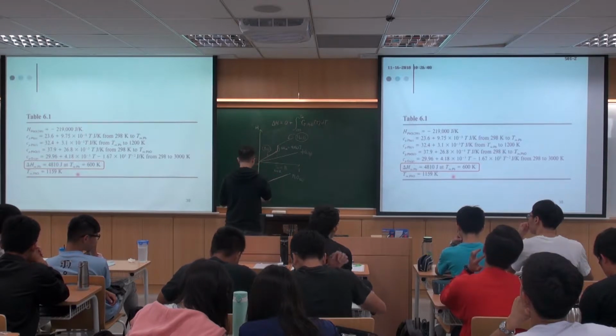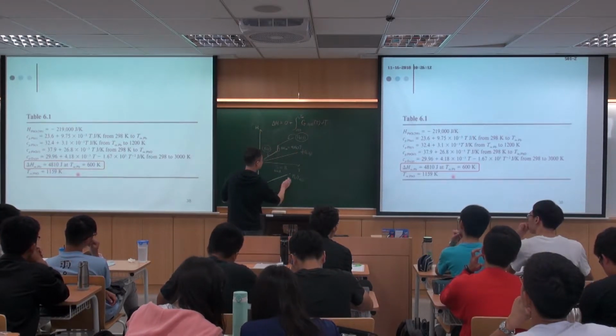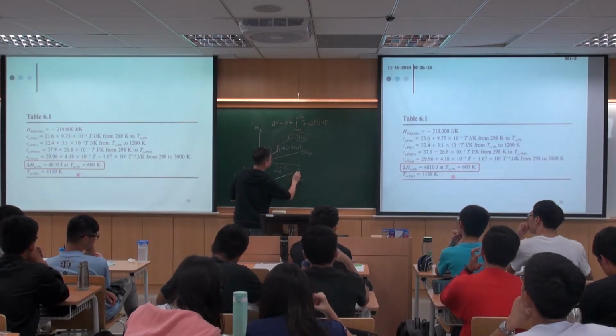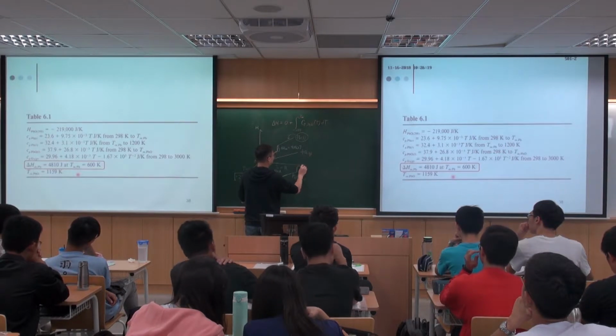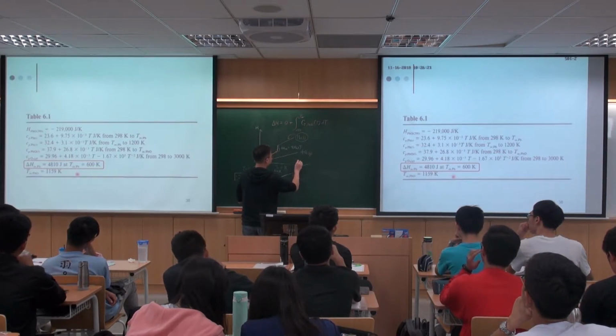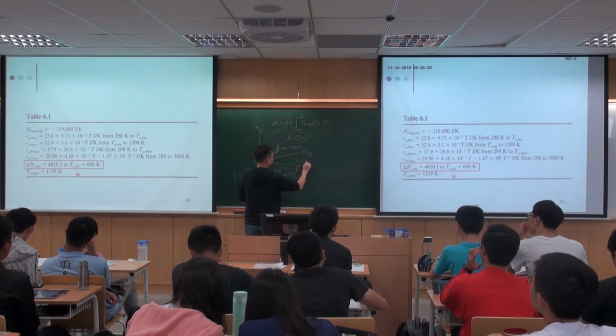So if you go up to, say, here, this is the melting temperature of PbO.